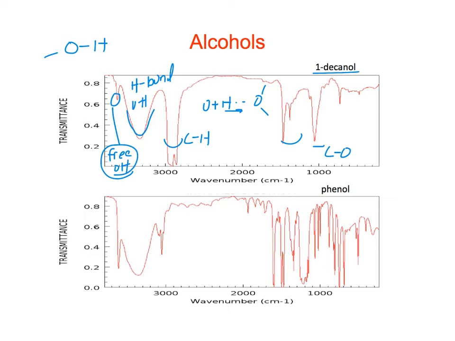Exactly. And it's so broad because not every hydrogen bond is the same, right? They're all different strengths depending on how close they are, their angles, and that kind of stuff.